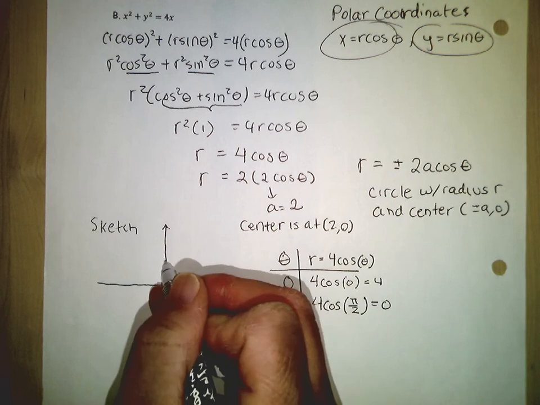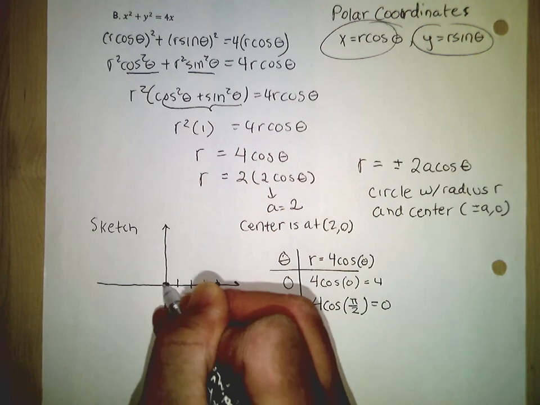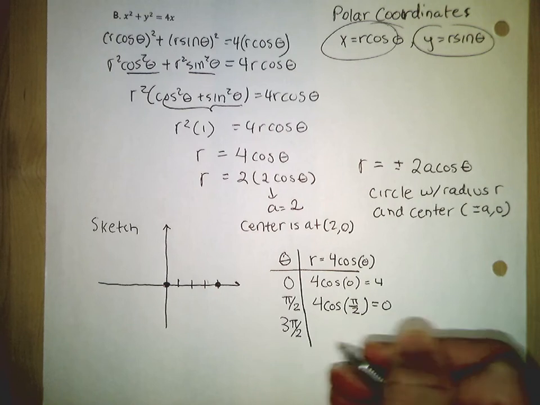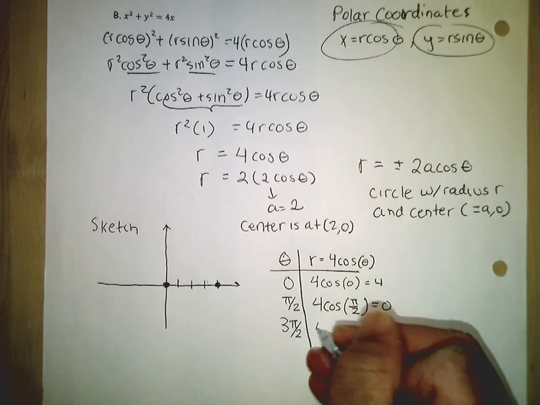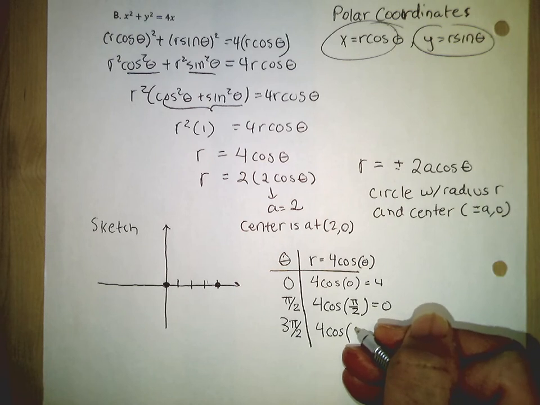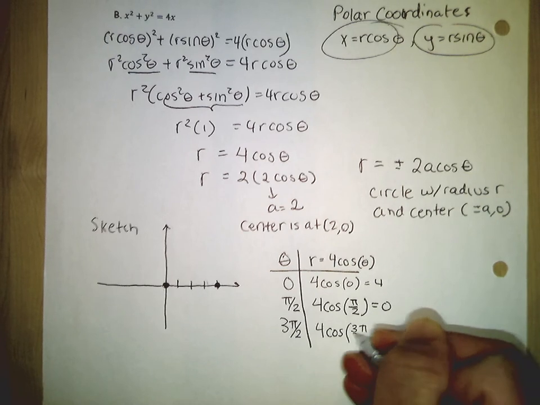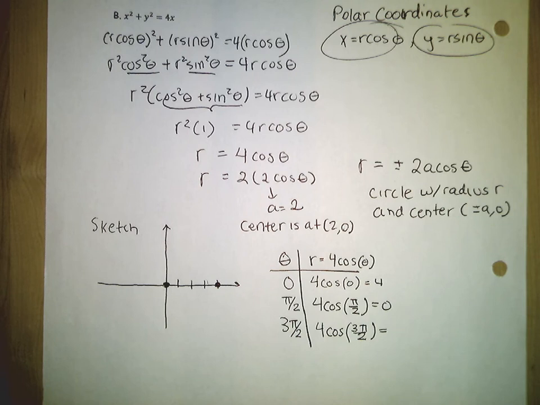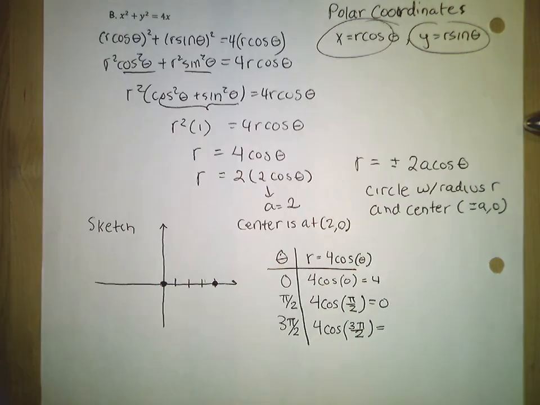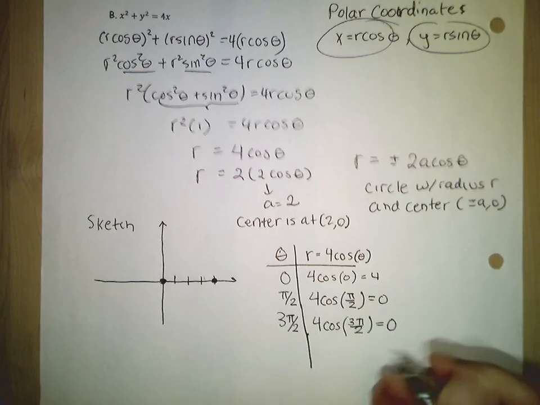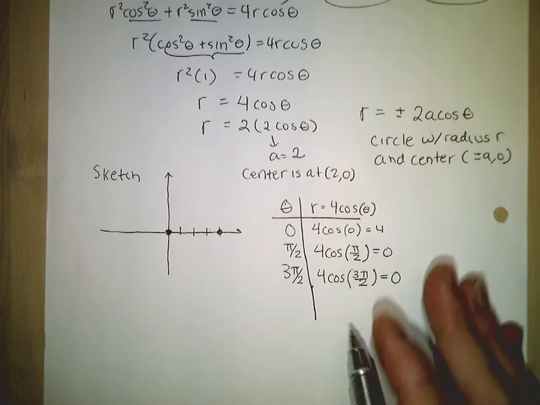So at pi over 2, we should have a point at 0. And then at 3 pi over 2, we have 4 cosine of 3 pi over 2. That will give us 0.